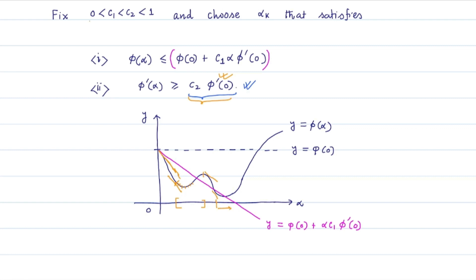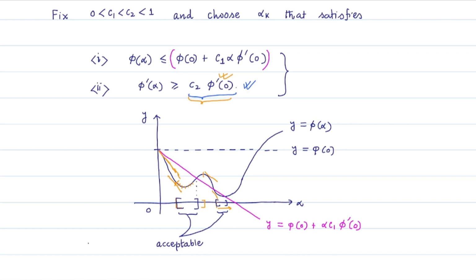Hence the set of all alpha values which satisfy both these conditions are the points from here to this point, then from here to this point. So this set of alpha values satisfies both conditions 1 and 2 in the Wolfe-Powell rule.